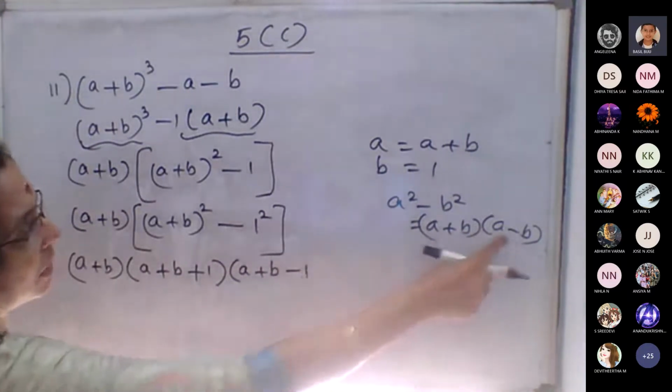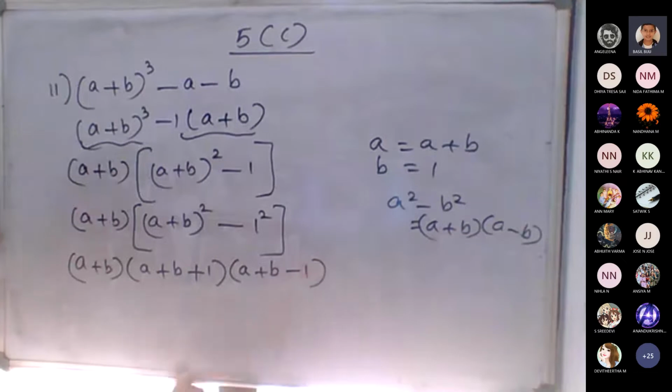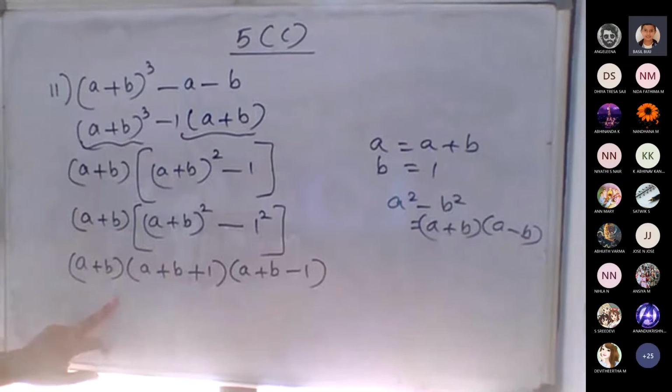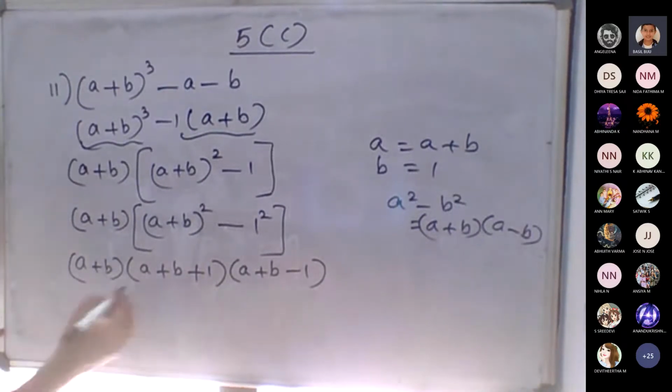So a plus b plus 1 and a plus b minus 1 only. No, a plus b into a minus b form. So is this your final answer or not? Yes. 11th, 12th. Very good.